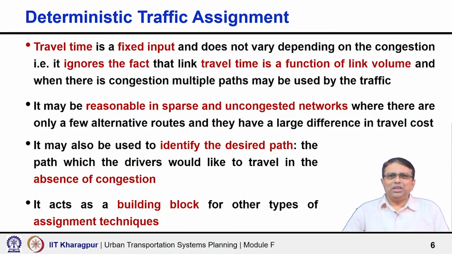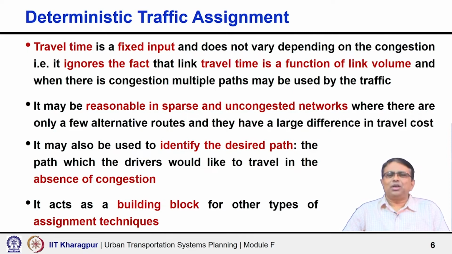So, that 15 minutes may still remain 15 minutes, or maybe become 16 or 17 minutes, and still, even after assigning the demand, the travel time is lower as compared to the alternative routes.